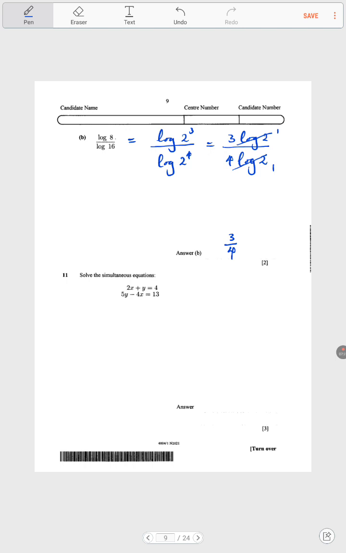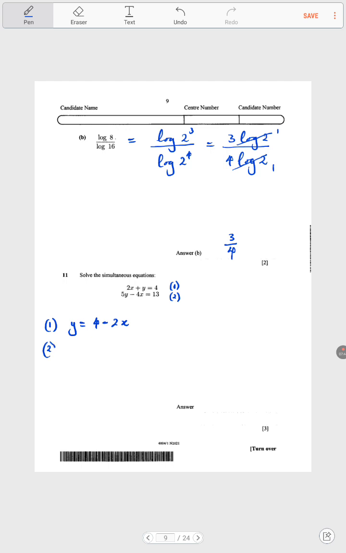And number 11 says solve the simultaneous equations 2x plus y equal to 4 and 5y minus 4x equal to 13. So I'm going to refer to this one as equation 1 and this one as equation 2. So from equation 1, I'm going to make y the subject of the formula, and I'm going to have y equal to 4 minus 2x. And then I'm going to substitute y in equation 2.